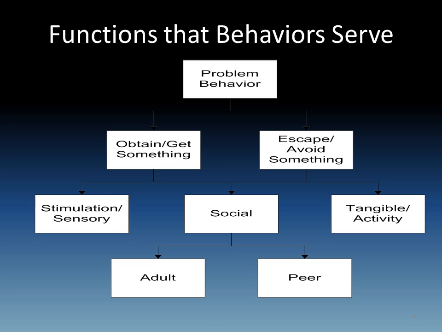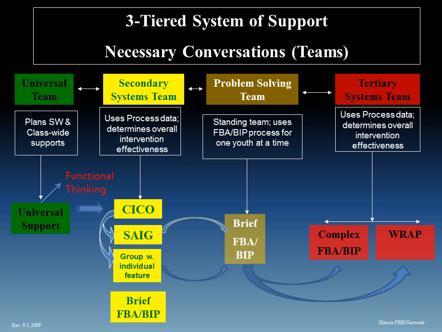This is to engage in behaviors to increase support. So we look at our three-tiered model of support necessary for teams, and this is just a nice visual for us to look at the functional thinking. Function is really essential at each level, and as we go through, it increases and intensifies.